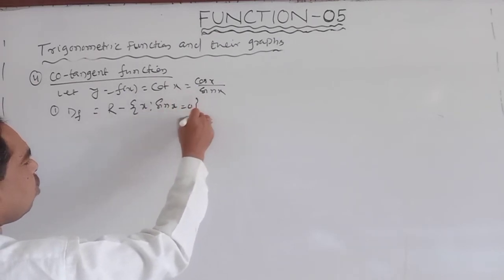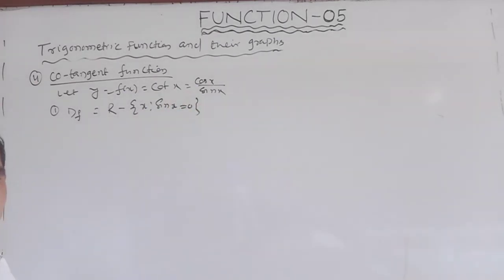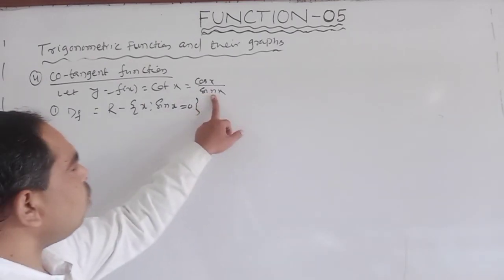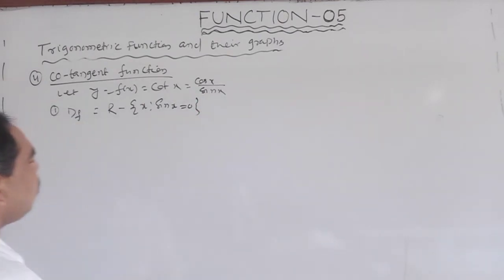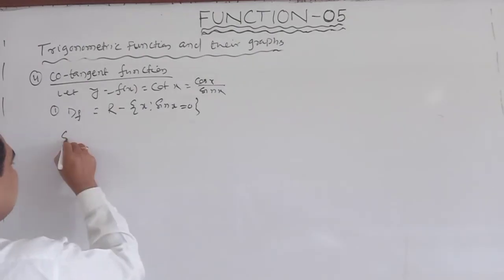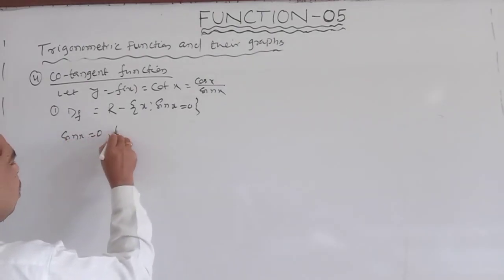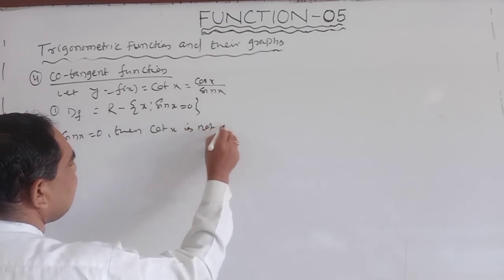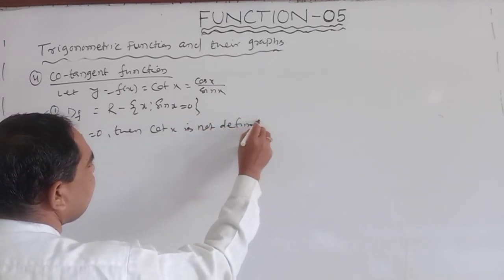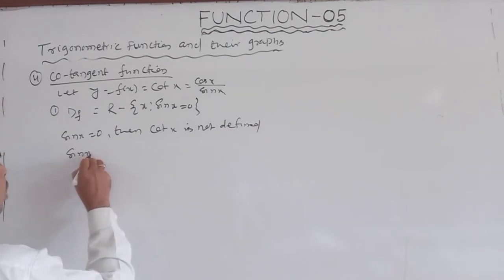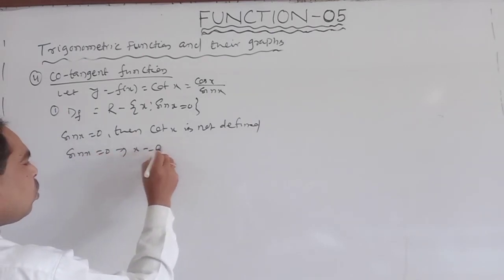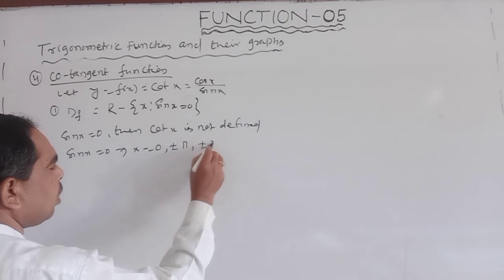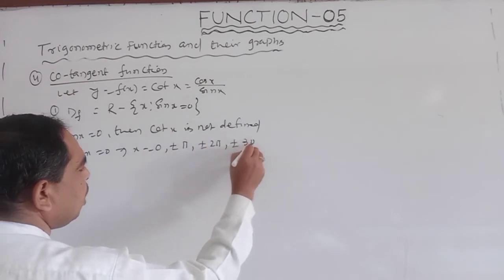This is also one type of rational function. So when sin x is equal to 0, cot x is not defined. Sin x is equal to 0 means x is equal to 0, plus or minus pi, plus or minus 2 pi, plus or minus 3 pi, and so on.